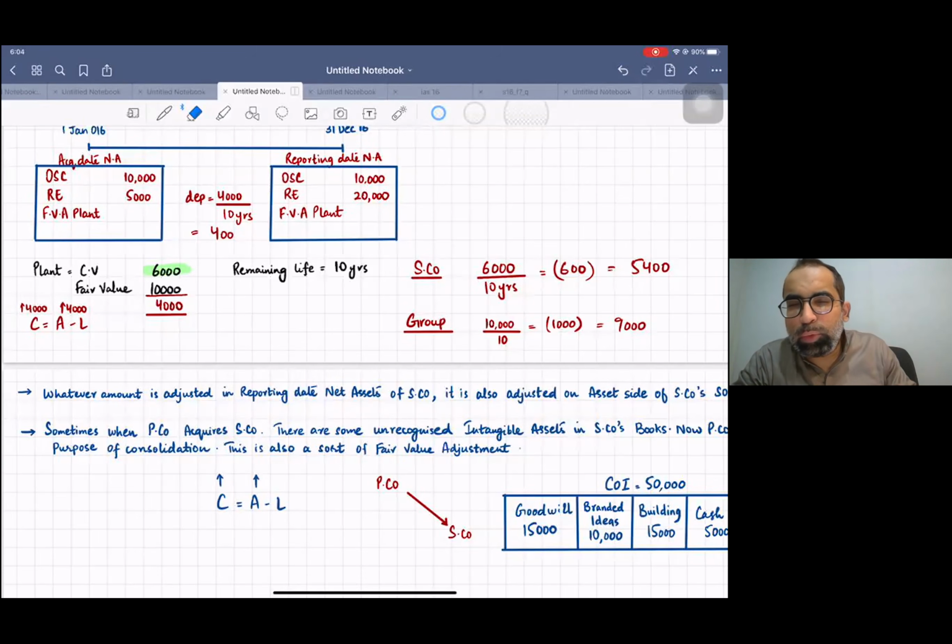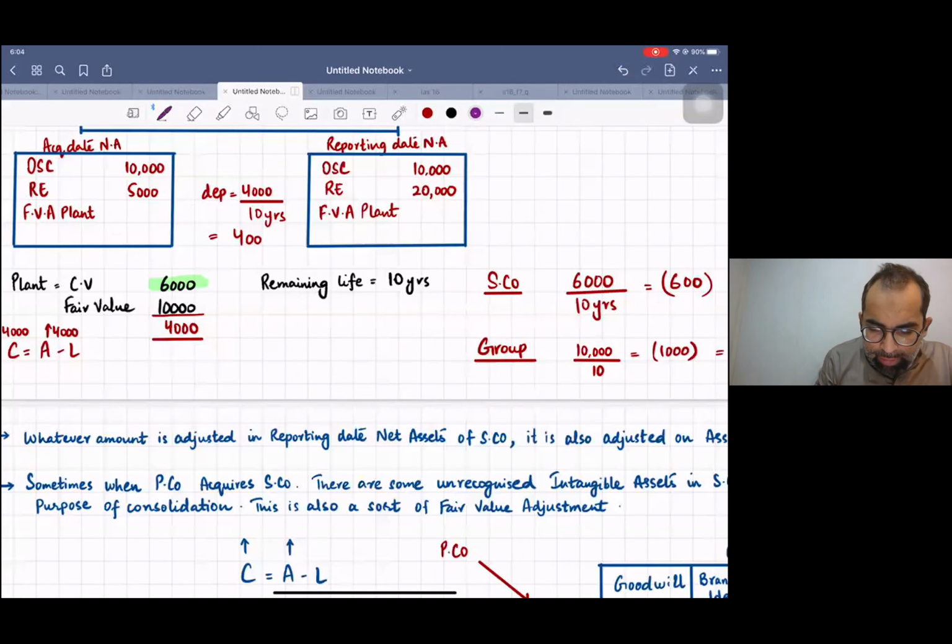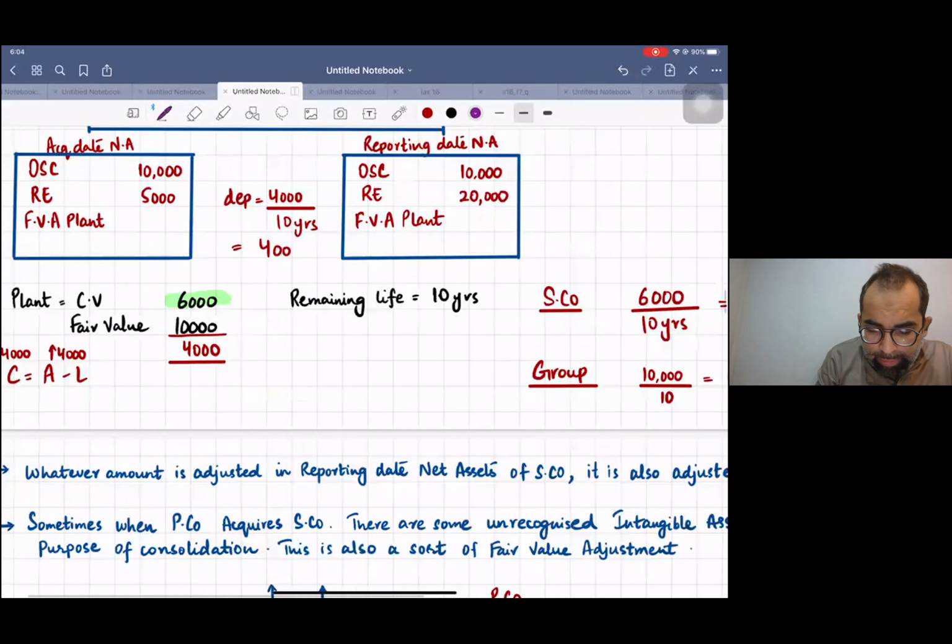The upward revaluation is 4,000. At the acquisition date, look at the screen, you will adjust 4,000.